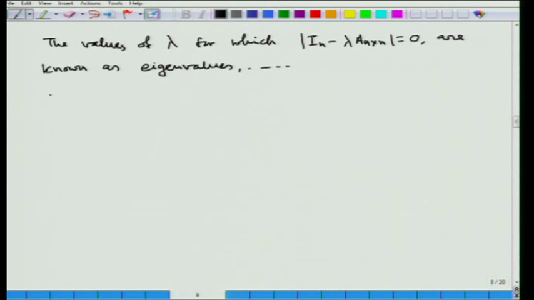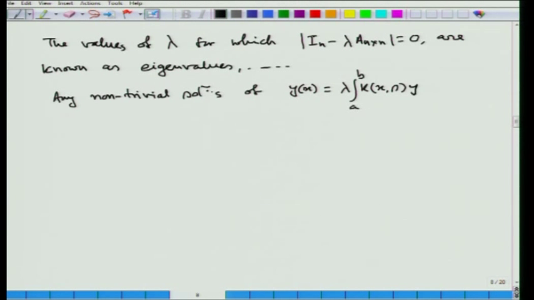So, therefore, any non-trivial solutions of y(x) is equal to lambda integral a to b k(x, s) y(s) ds are called eigenfunctions.